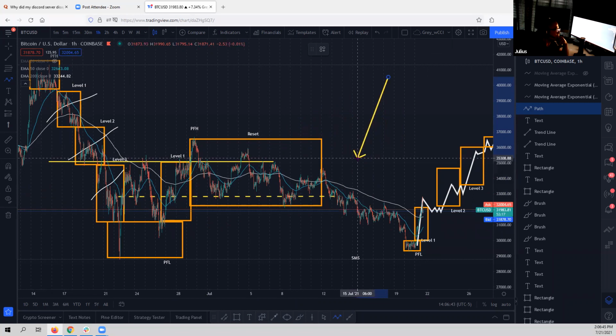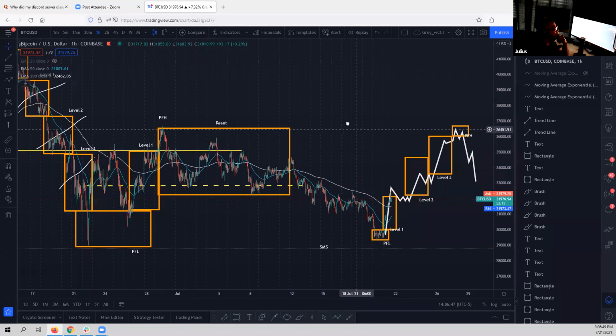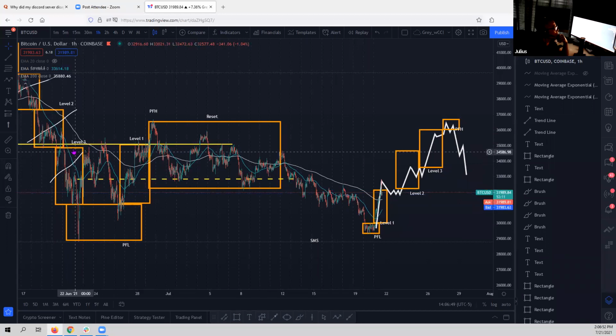Now, let me show you something. So this is level 1, level 2, level 3, peak formation low, reset. If this is a reset, can you now see our level 1 for a push down? Can you see it?